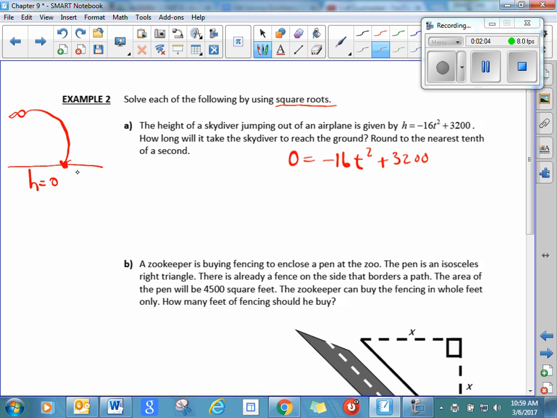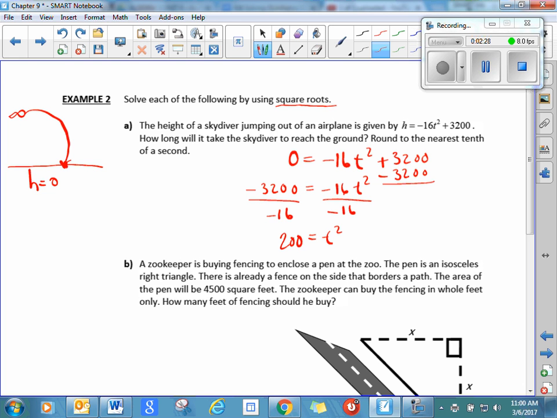So to solve this using square roots, we're going to isolate the t squared. So we're going to have to subtract 3,200 from both sides. And you get minus 3,200 is equal to minus 16t squared. Divide both sides by minus 16. And you get t squared is equal to 200.